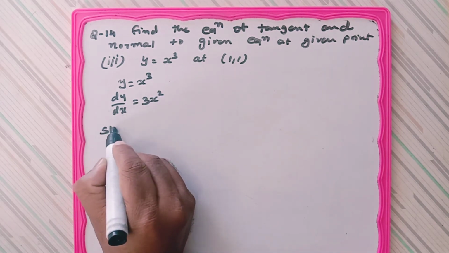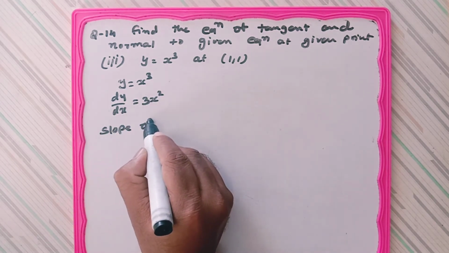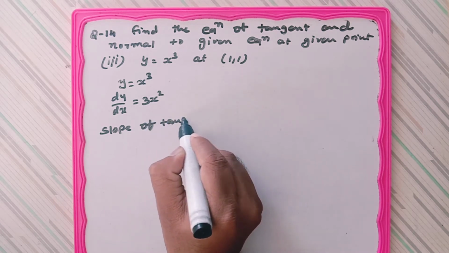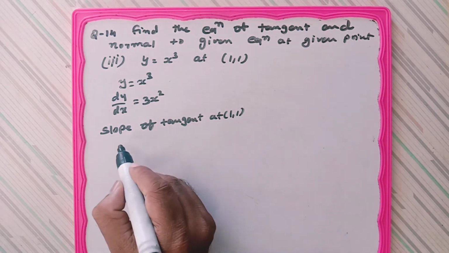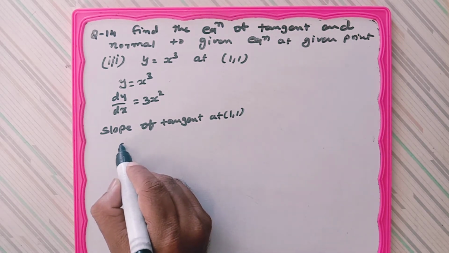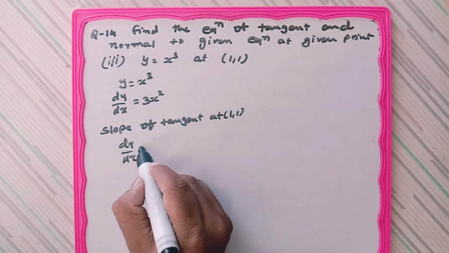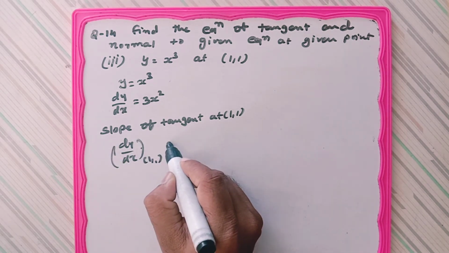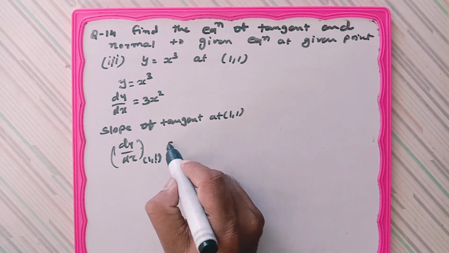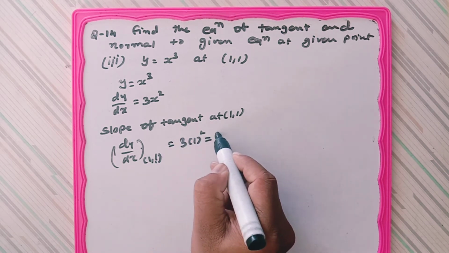And so the slope of the tangent at (1, 1) will be 3 into 1 square, so 3.